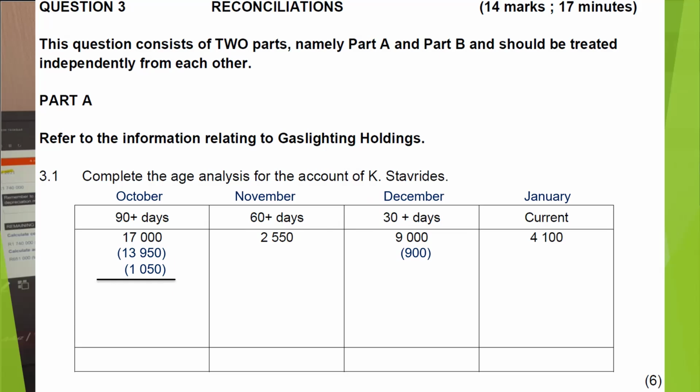And when you do that, your balance for October will be 2,000. So out of the 2,600 that was received, you will only allocate 2,000 to October. The remainder will go to November, and the remainder will be 600 rand, to the point that in October we will be owing nothing.